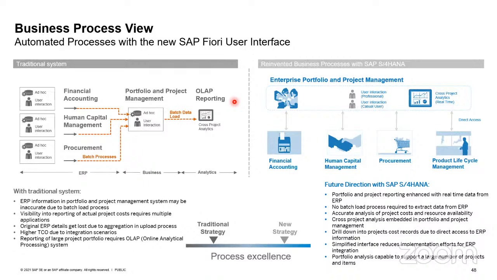Reporting at a portfolio level is not possible in public cloud. This functionality is still not possible. In public cloud, what we can do is we have a project system module. We have different types of projects which we can execute. You can do an investment project, a revenue project, an overhead project.